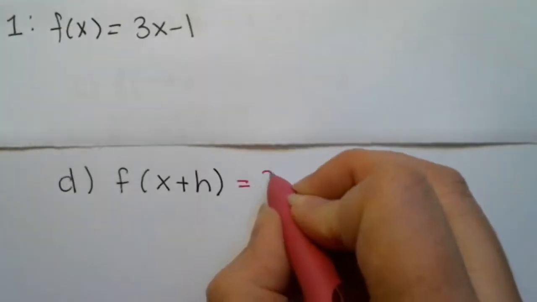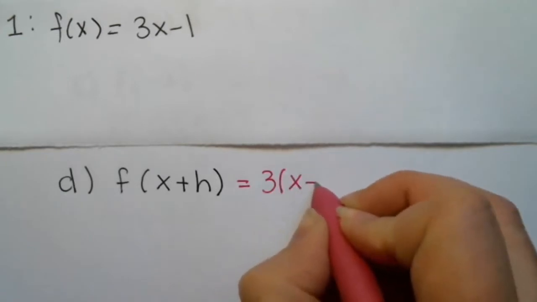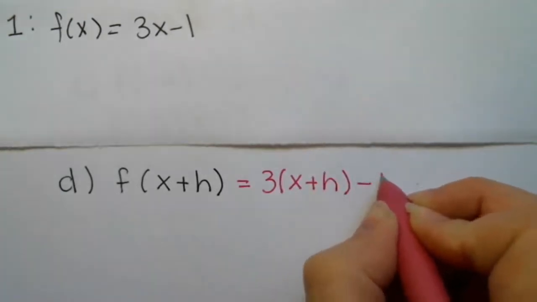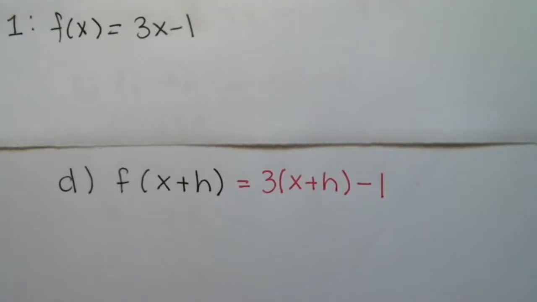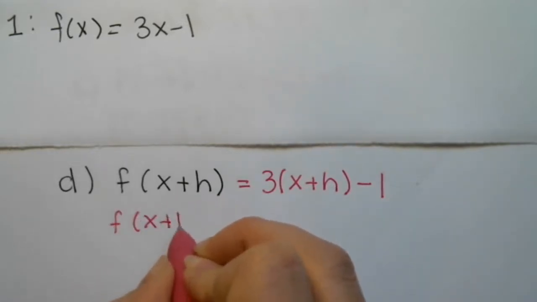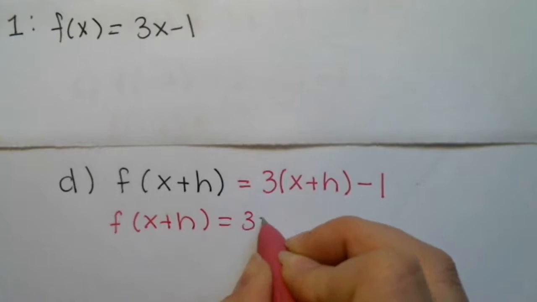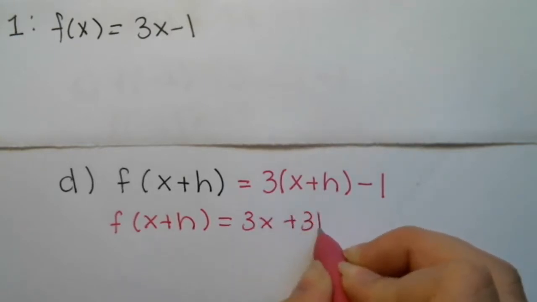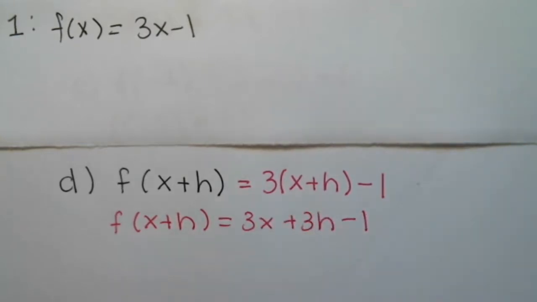So we'll have 3 times x plus h minus 1. So now we actually can simplify this a little bit because we can distribute our 3. So we'll have f of x plus h equals 3x plus 3h minus 1. Now we still can't combine any of these terms because they're not like terms. So this would be our final answer, but at least we got to do something in distributing this.